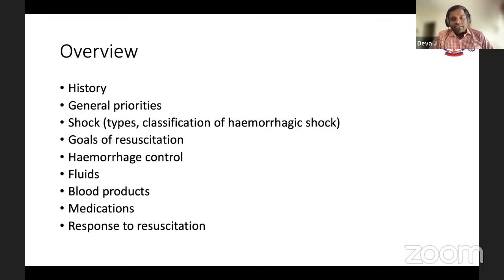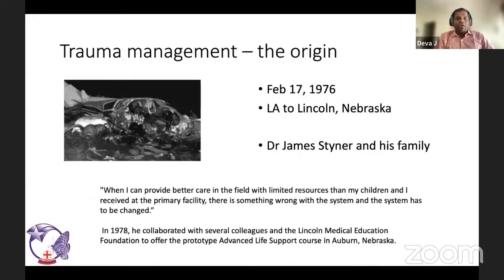We'll briefly discuss the goals of resuscitation, including controlling hemorrhage and fluids. I think Ebi has made my job easy by talking about fluids, because much of what we use in trauma is pretty similar to what we use in sepsis as well. We'll talk about blood products, some medications that are used in hemorrhagic shock, and how we monitor the response to trauma resuscitation.